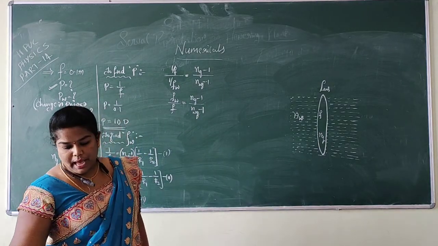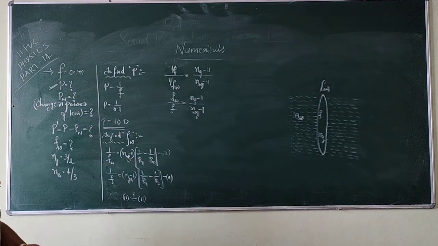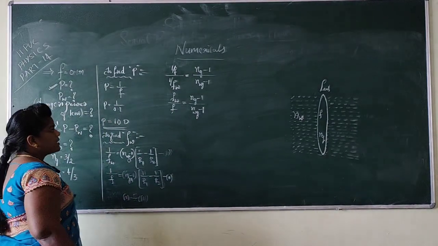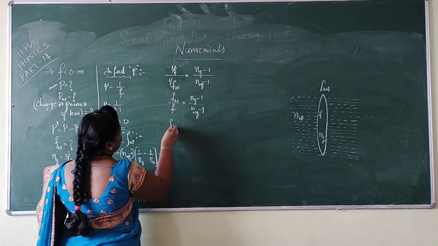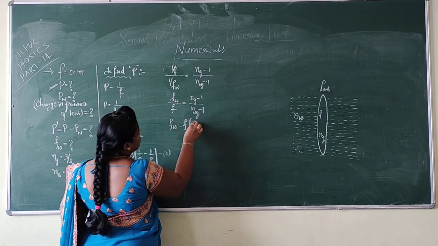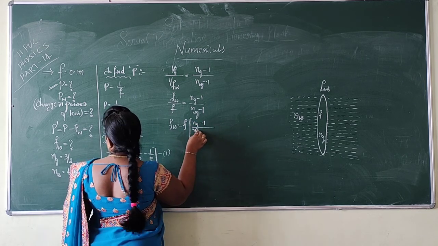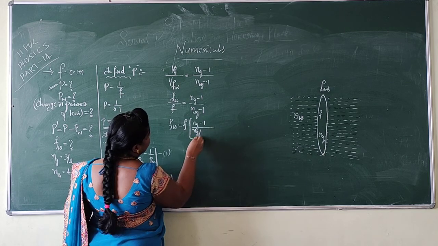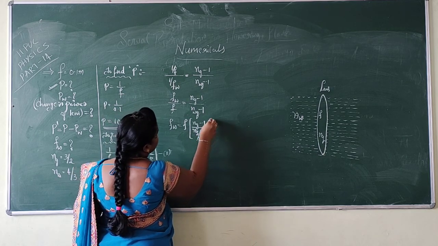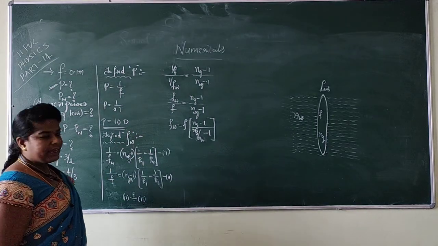So we have the two refractive indices. Let us solve here. Fw is equal to F into ng minus 1 divided by ng divided by nw minus 1. n2 by n1. Simply I write it as n2 by n1.